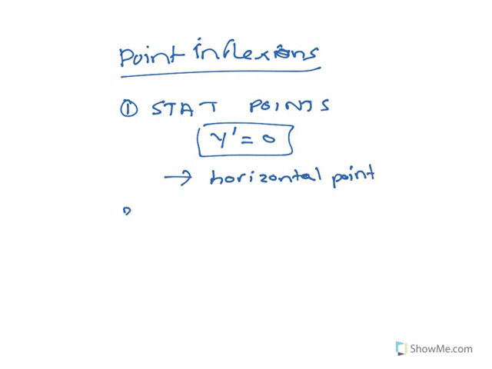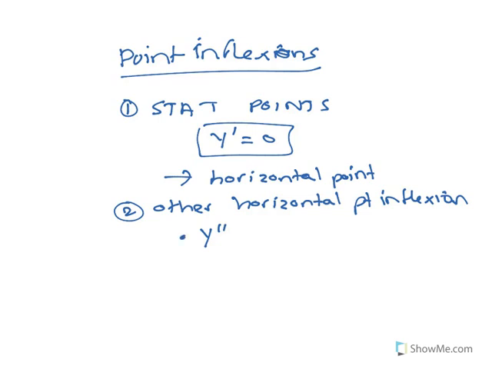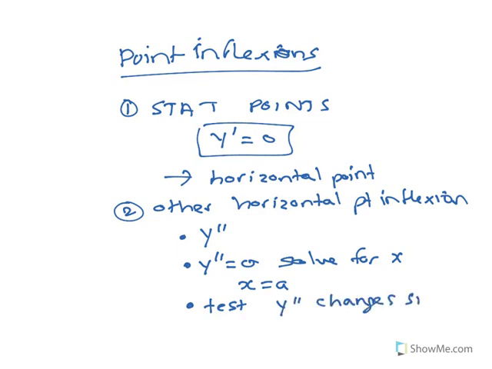But actually to find any other points of inflection, you find y double dash, you make y double dash equals 0 and you solve for x. So you might get x equals a, and then you have to test y double dash changes sign because you're checking for a change in concavity.